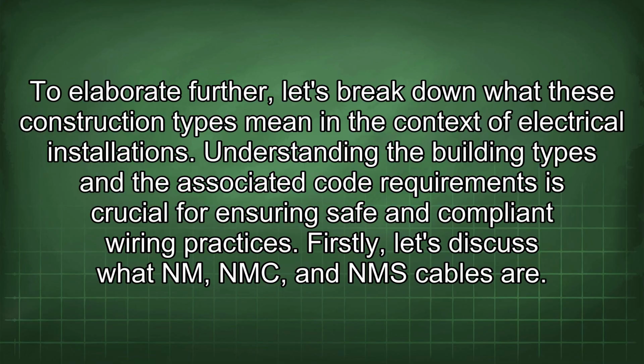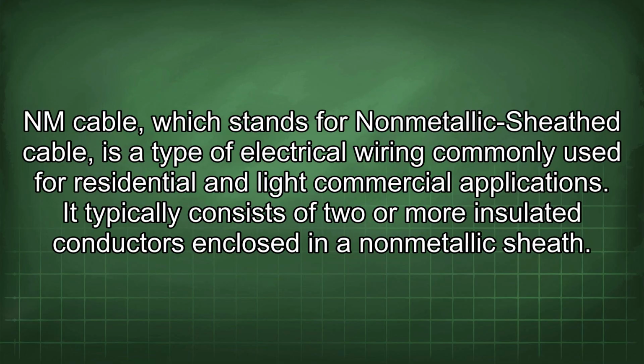Firstly, let's discuss what NM, NMC, and NMS cables are. NM cable, which stands for non-metallic sheath cable, is a type of electrical wiring commonly used for residential and light commercial applications. It typically consists of two or more insulated conductors enclosed in a non-metallic sheath.